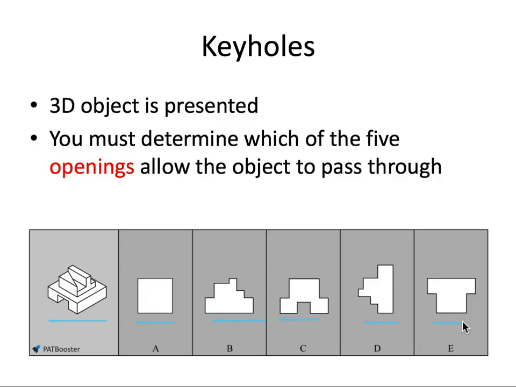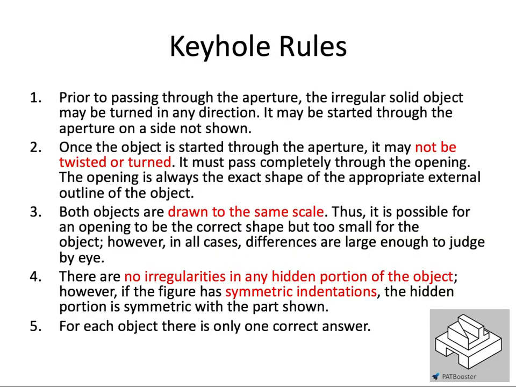The external outline of the object must be the exact shape and size of the opening without being too big or too small or having extra protrusions. So in this example, this 3D object could probably fit through a couple of these holes, but only the correct answer is an exact fit.